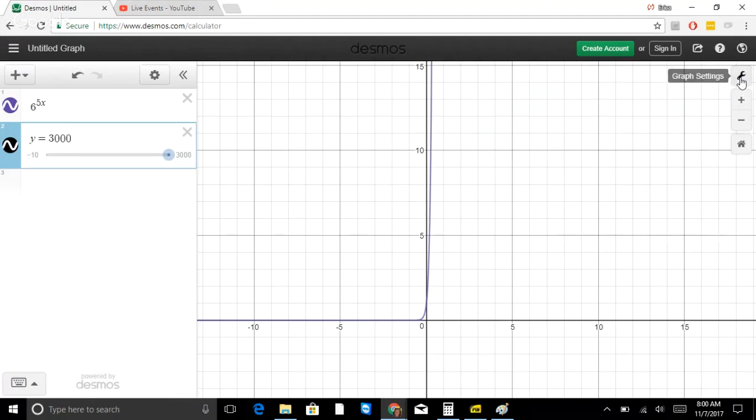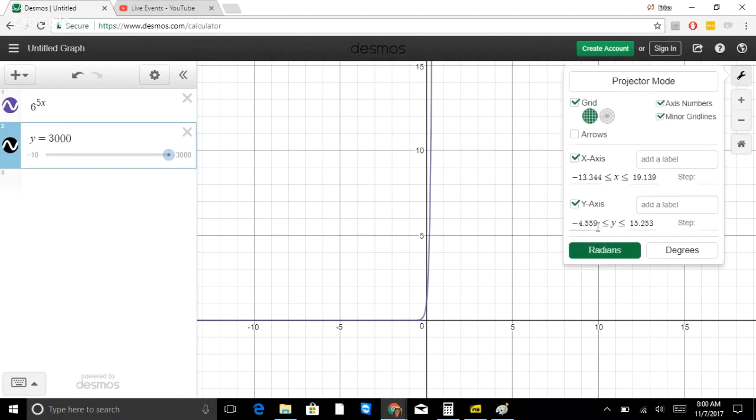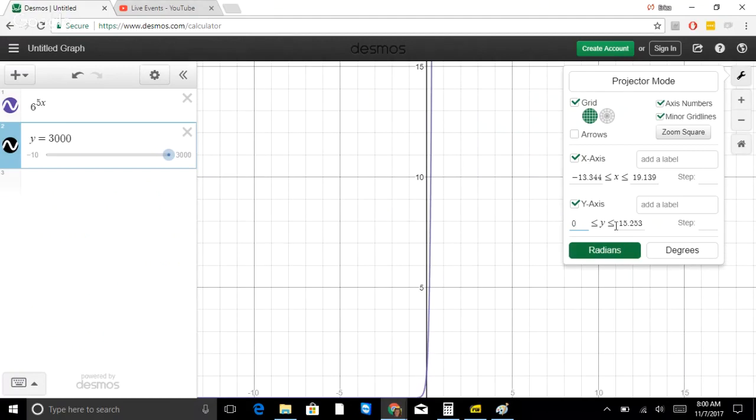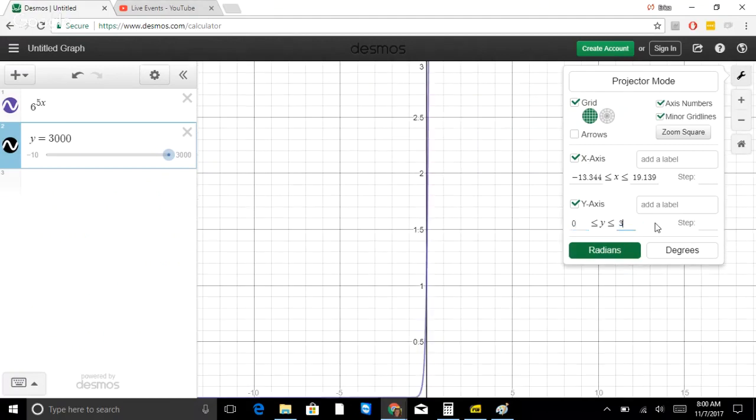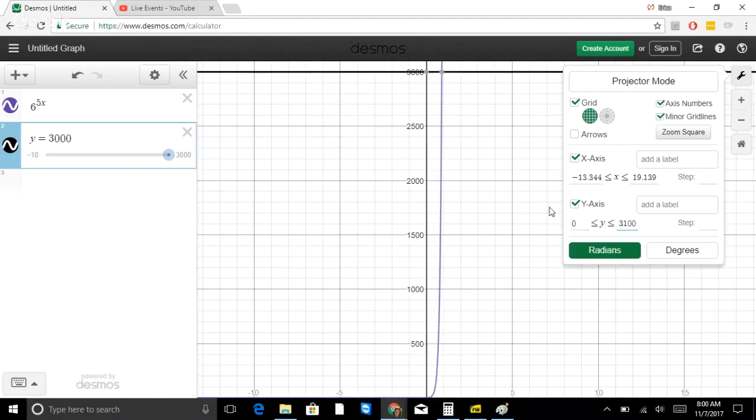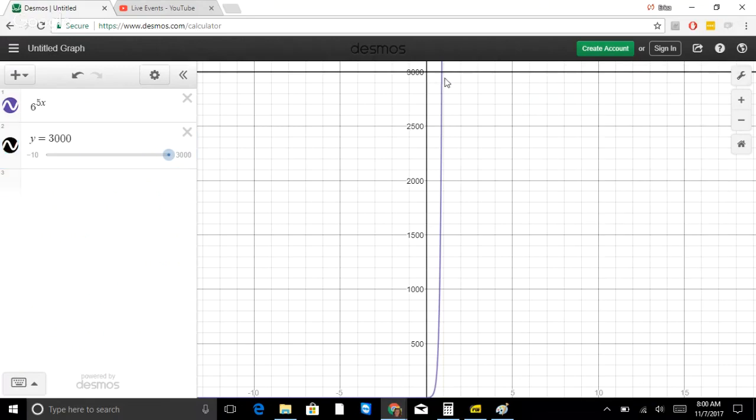I need to do a little zooming, so I'll set the window from 0 to 3,100. There we go. Up here where the two intersect is, voila, 0.894. Isn't that nice when all the math works out? I always enjoy that.